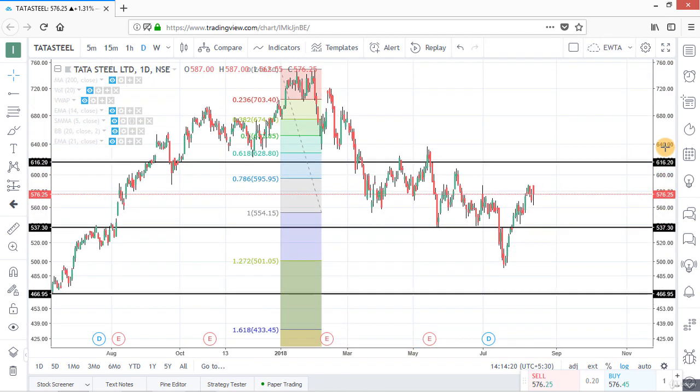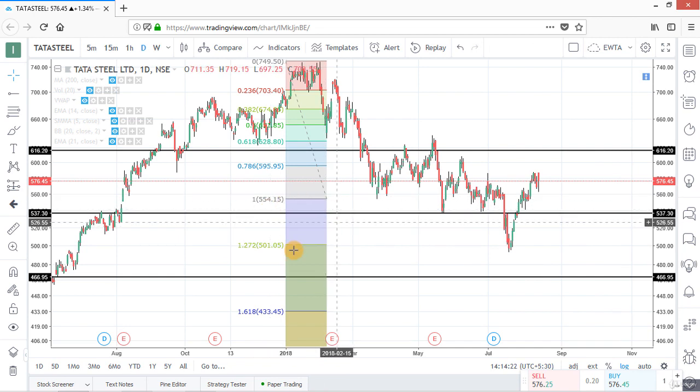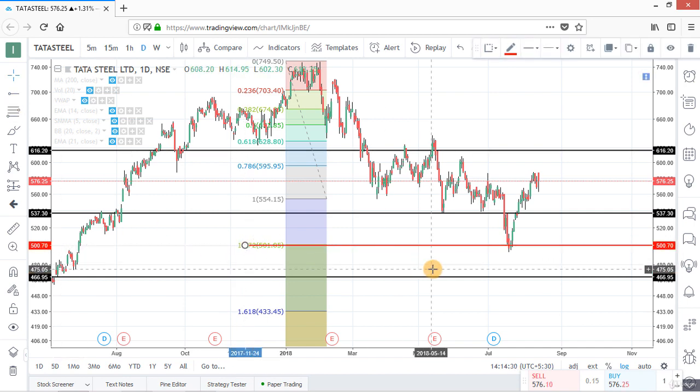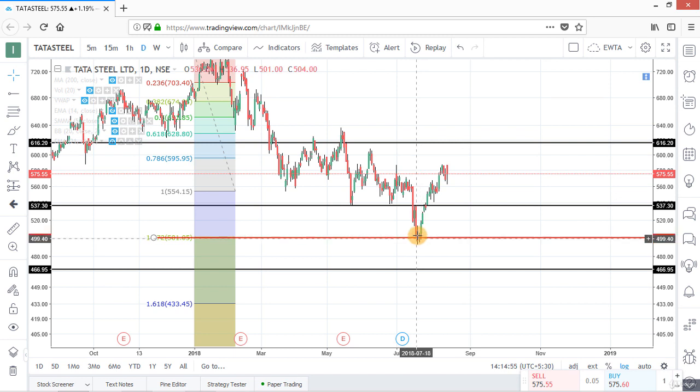Now the Fibonacci extensions levels are, the next level is this 1.272 level. So we will mark this level. You can see here that stock exactly made a downfall up to this level. And now after touching this level, stock is again moving in a pullback rally.